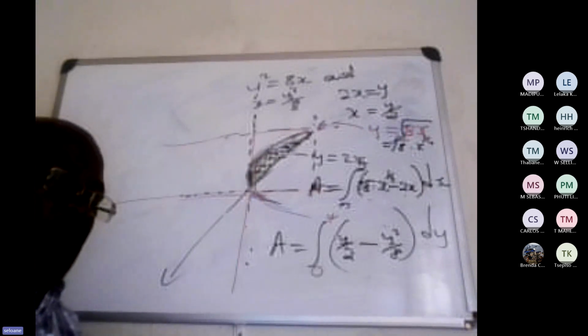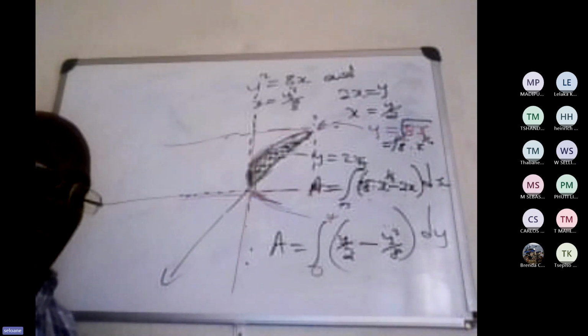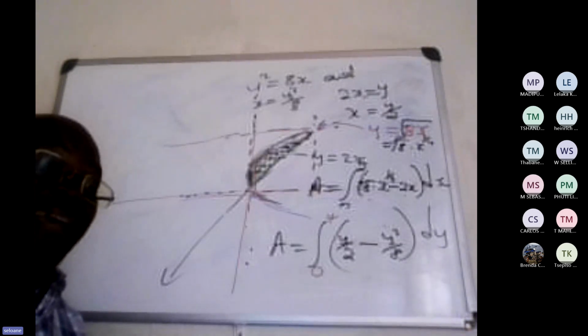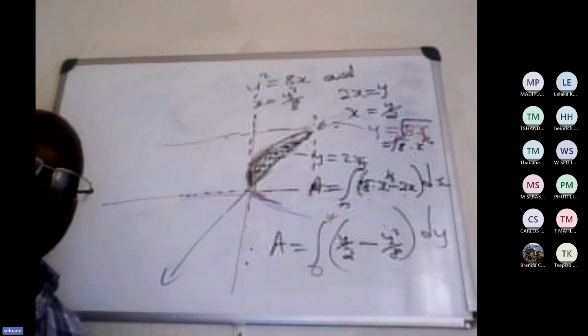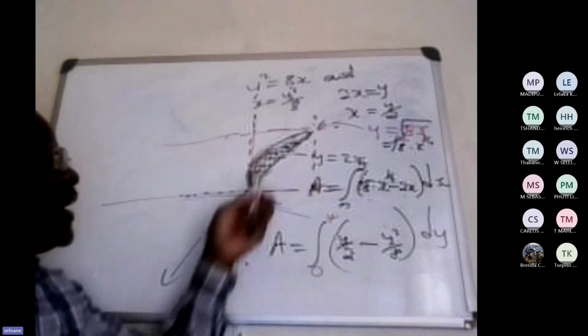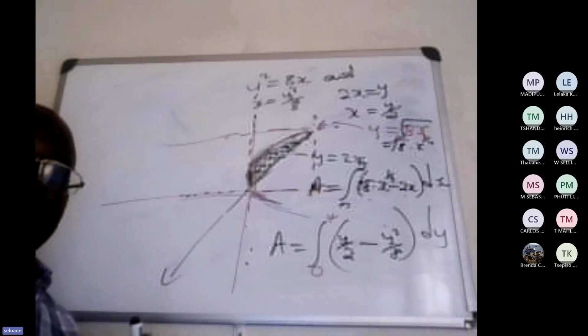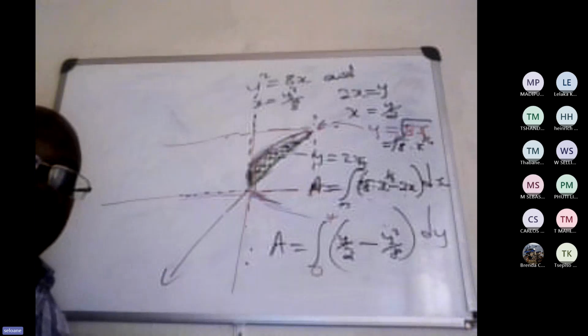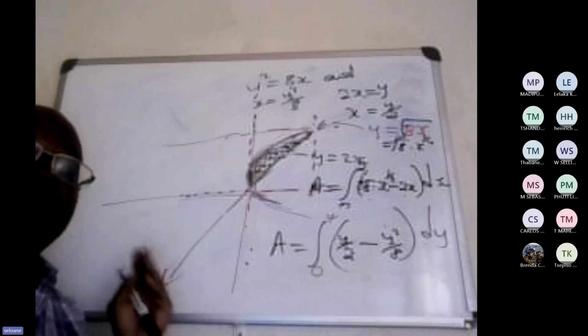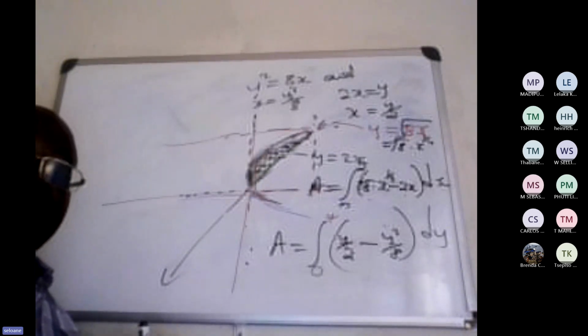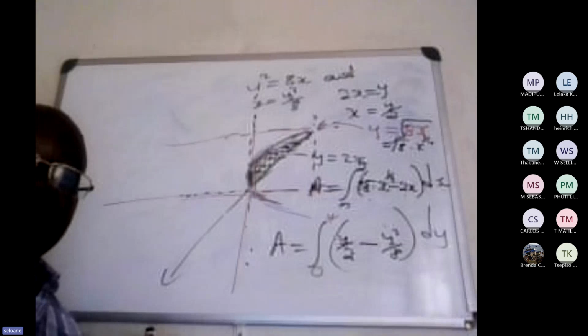If that is the case, you integrate with respect to x, with everything in terms of x, meaning you rewrite your curves as y equal to something. If your region is enclosed by one curve on the right side and a single curve on the left side, then you integrate with respect to y. Therefore, you rewrite your curves as x equal to something.